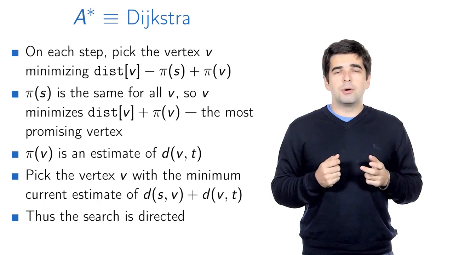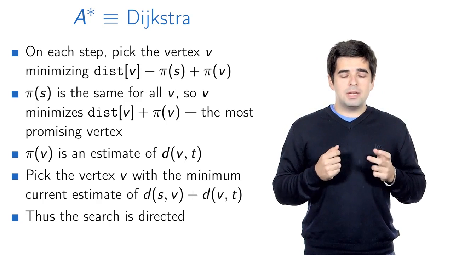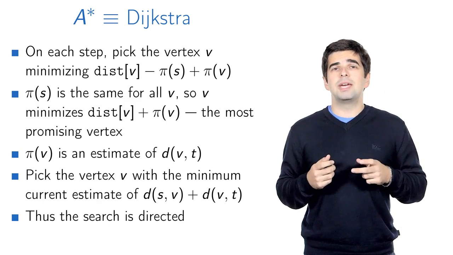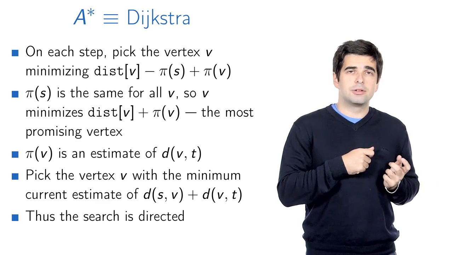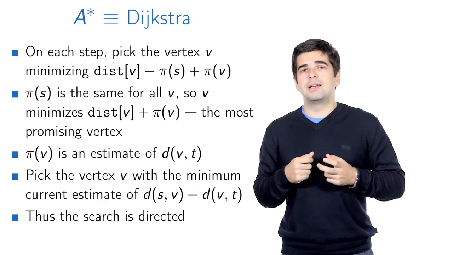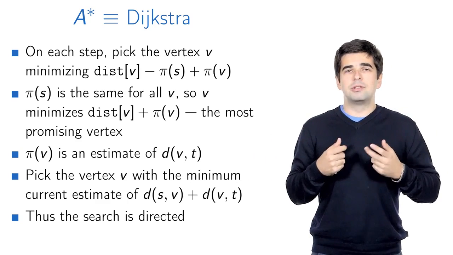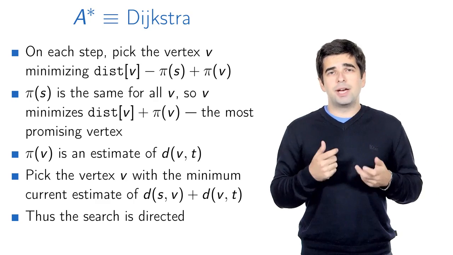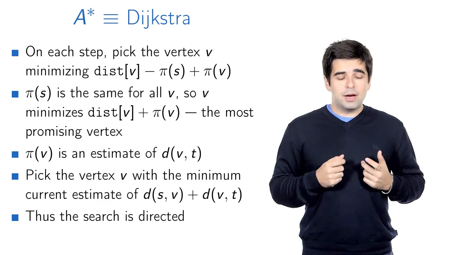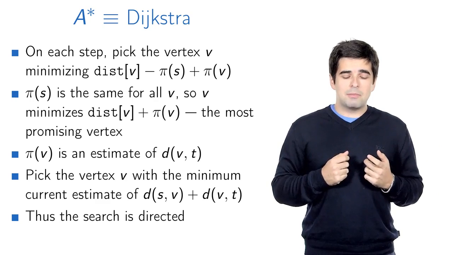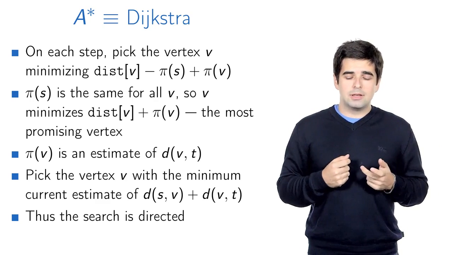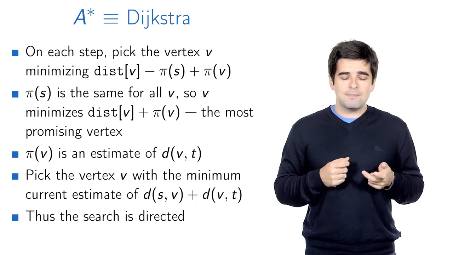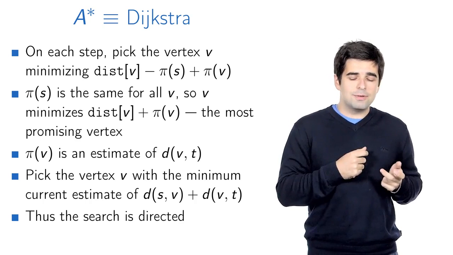So we are going to pick v minimizing dist of v, which is the distance estimate if we ran the regular Dijkstra's algorithm on the same graph, which is basically the length of the best known path from the source vertex to v, minus pi of s plus pi of v. Now notice that the pi of s summand is the same for all v. So the vertex v which minimizes this expression is the same v that minimizes just dist of v plus pi of v.